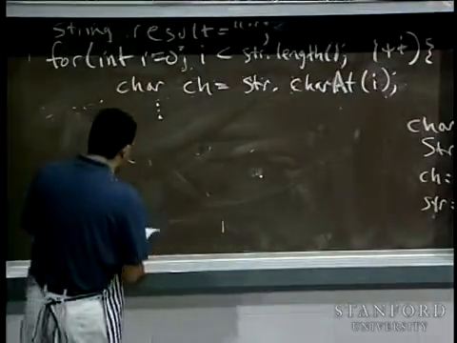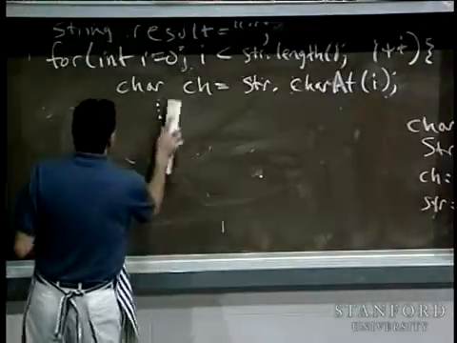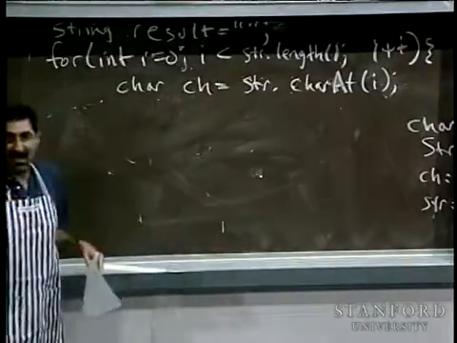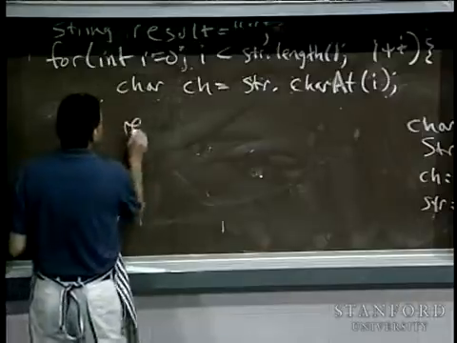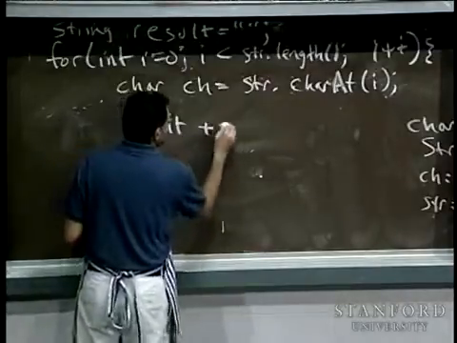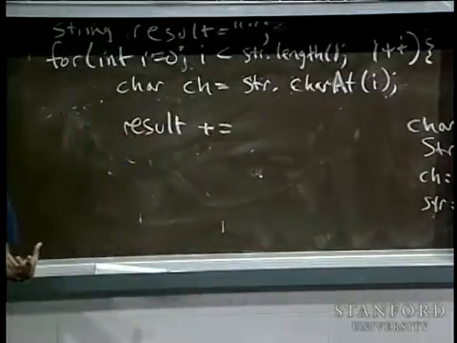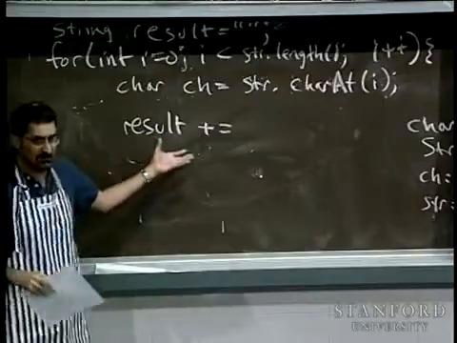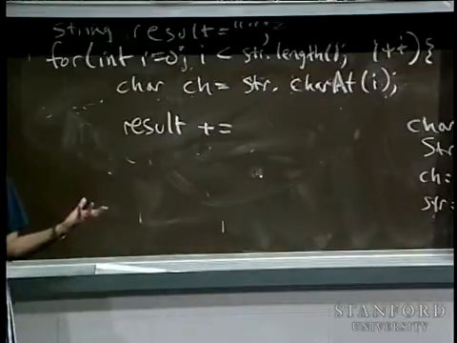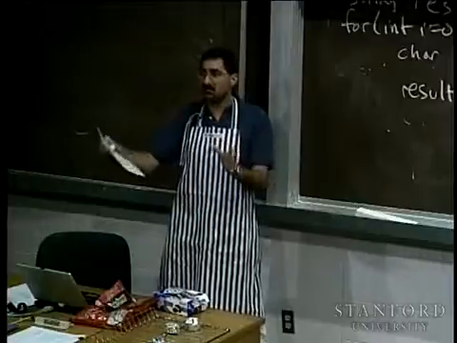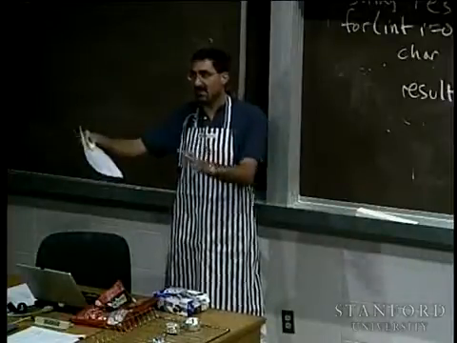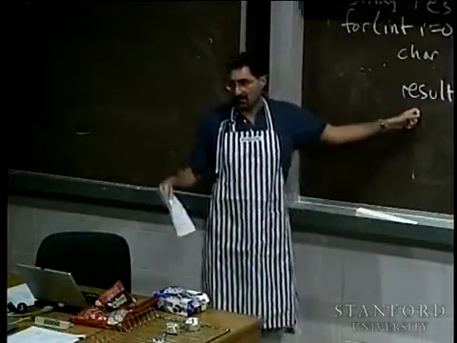And then for every character that I'm going to get in this loop, I'm going to tack on some version of it to result. So I might say result plus equals, which means concatenate onto the end of result. You might say, but I thought strings were immutable. Yeah, what it's really doing is creating a new string with an extra something added to the end and reassigning that back to result. Okay?